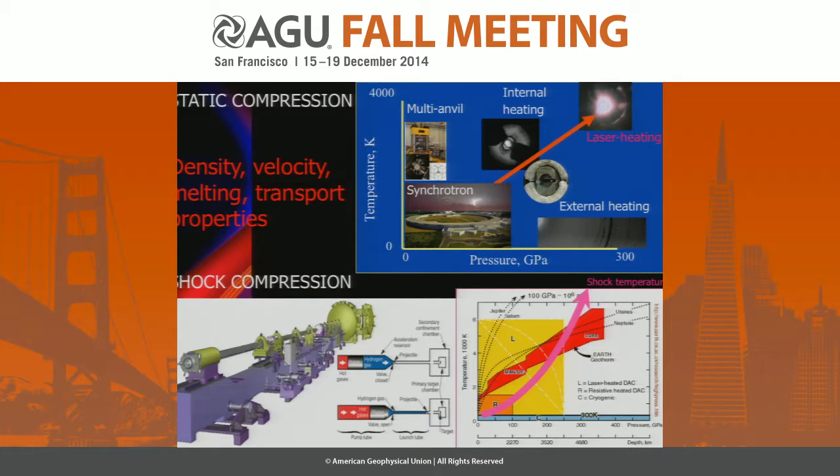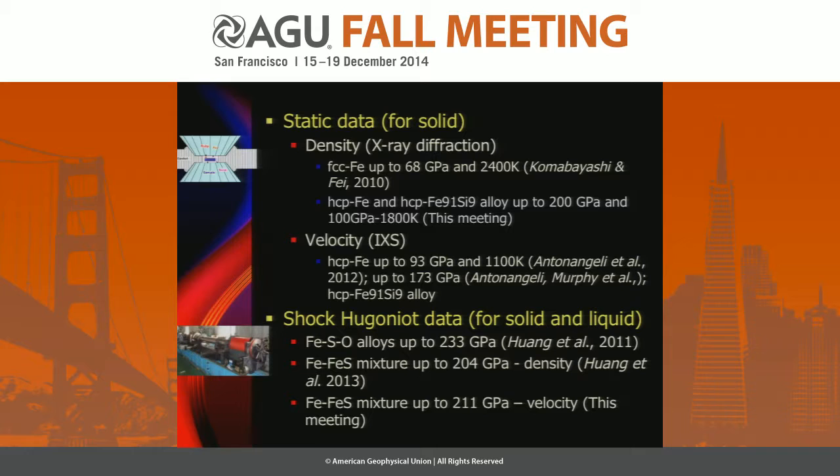As experimentalists, we have static compression as well as dynamic compression, able to access different PT regions. Importantly, there are different accuracies of the different data, as well as different states, solid state and liquid. For dynamic compression, we can do much better at measuring the density of the liquid and the sound velocity, bulk sound velocity, for example.